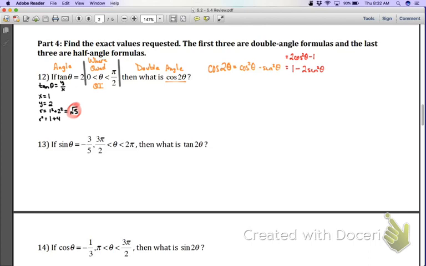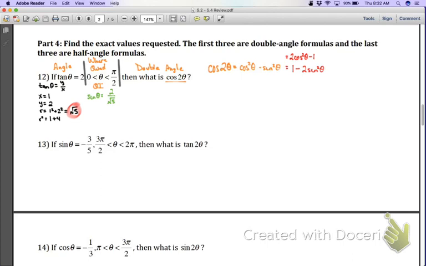From there, I'm going to go with sine and cosine. Sine of my angle is 2 over the square root of 5. I'm going to leave it like that for right now, because even if I don't use sine of theta, I'm going to square it, so there's no need to rationalize it.